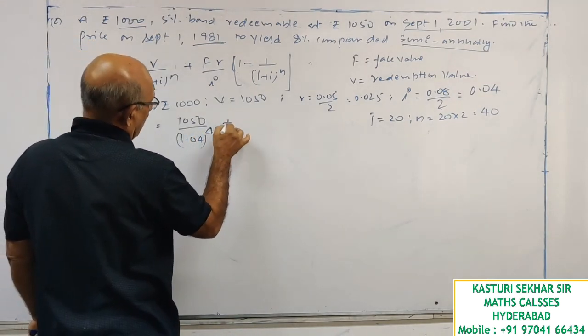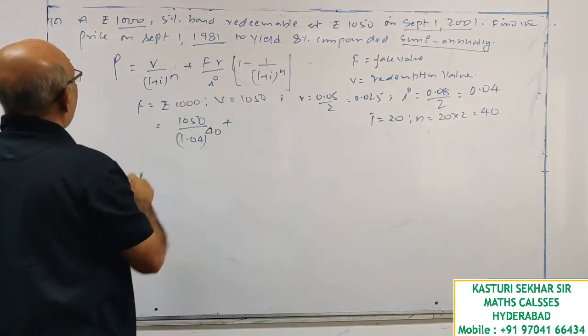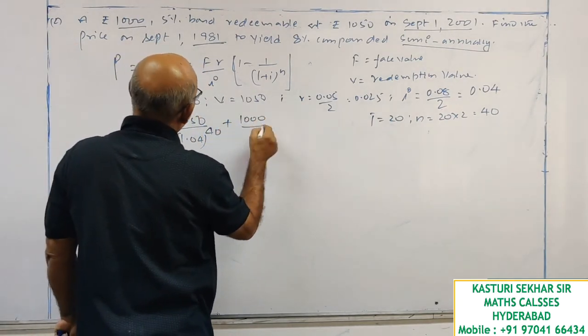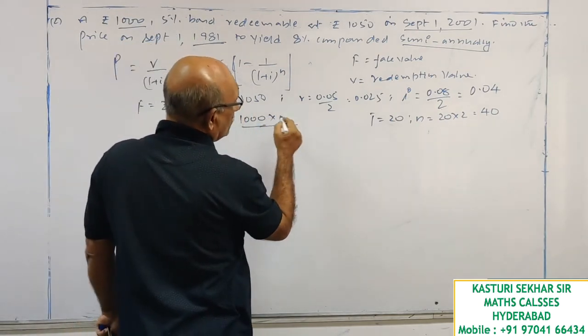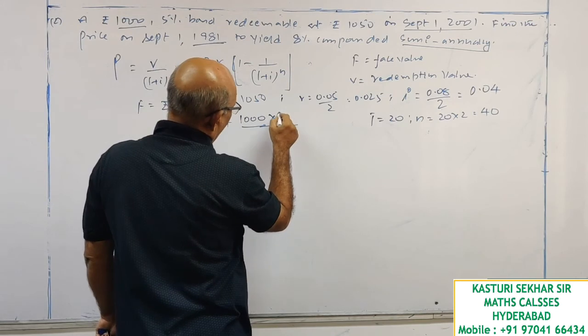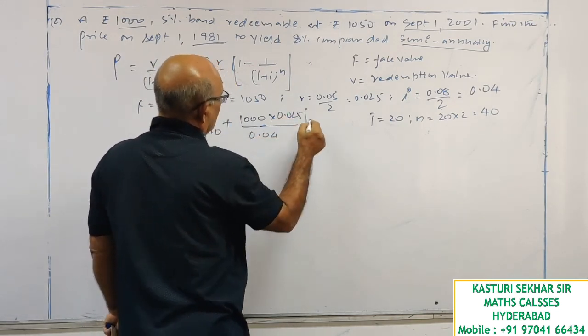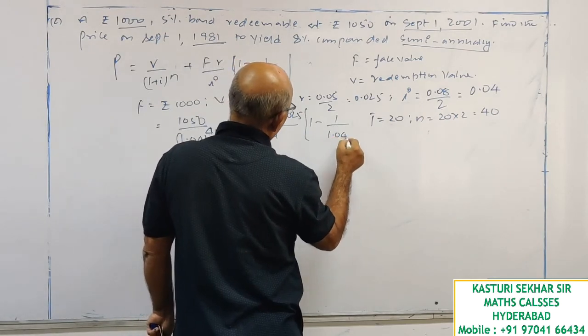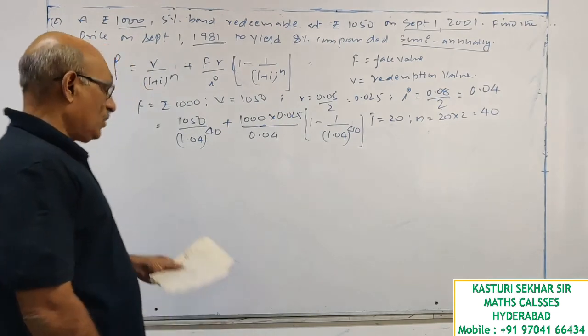Whole to the power 40. This is redemption value. Face value is 1000 into, it is a 5% bond redeemable, so 0.025 divided by 0.04, into 1 minus 1 by 1.04 whole to the power 40.